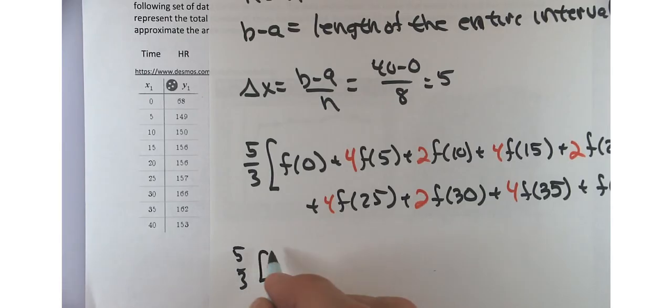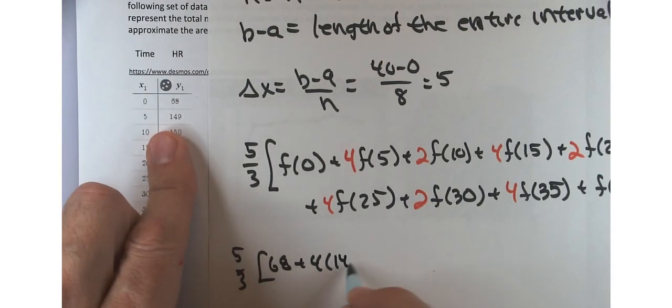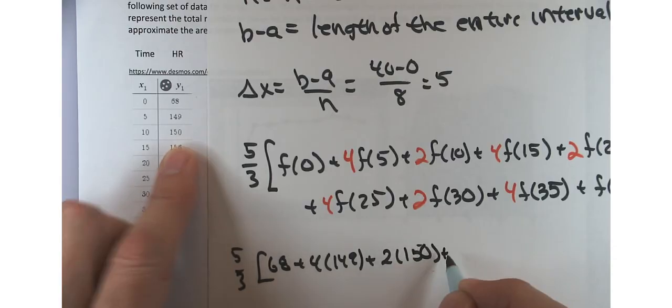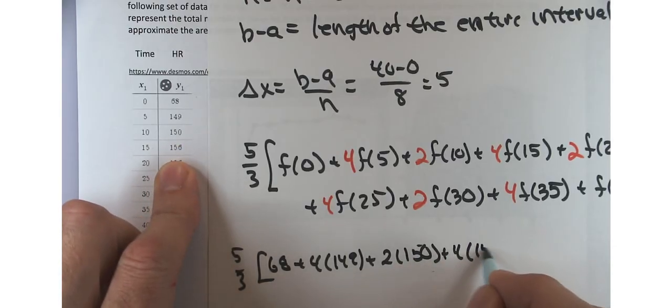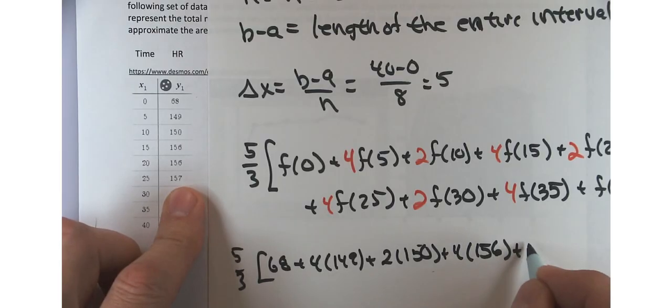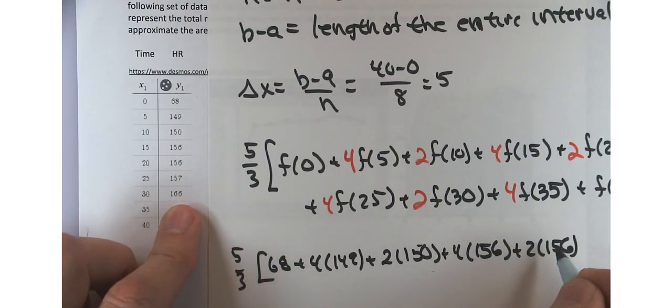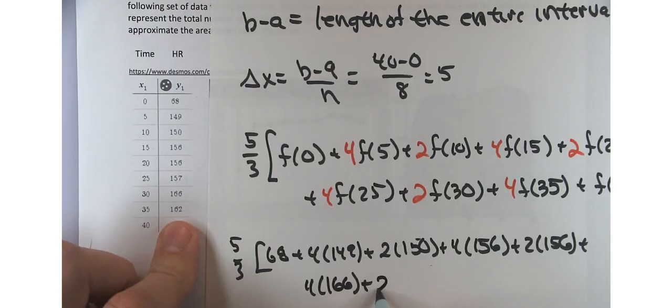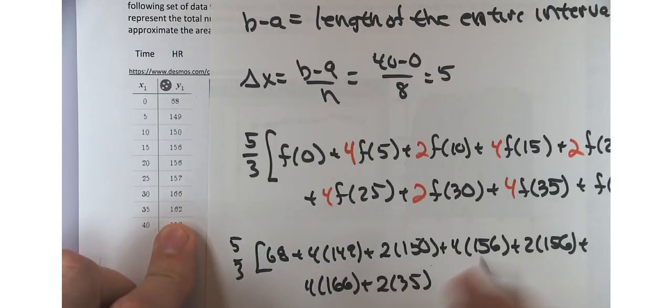F of 0 was 68 plus 4 times 149 plus 2 times 150 plus 4 times 156 plus 2 times 156 plus 4 times 166.